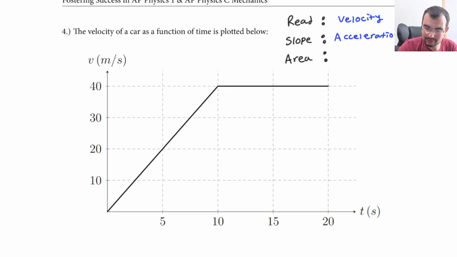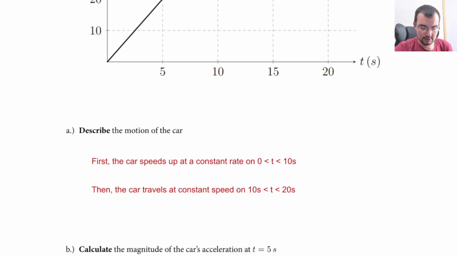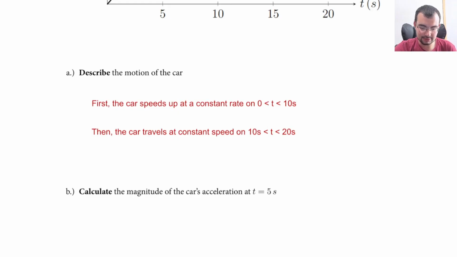Well, it's the rate of your position changing, also known as displacement, which is also distance traveled in this case because there's no negative parts. All right, so what is happening to this car? Describe the motion. Well, this is speed. So the car starts at rest, the car gets faster and faster and faster, and then the car maintains that speed. The car speeds up and travels at constant speed.